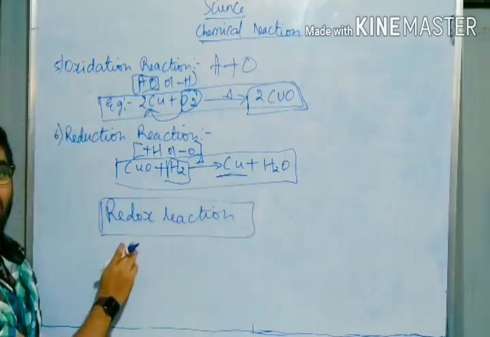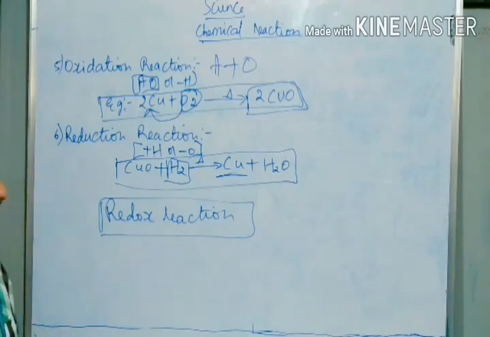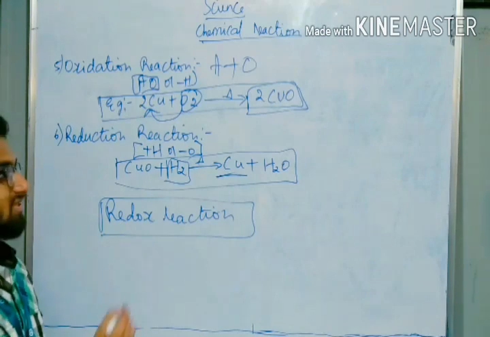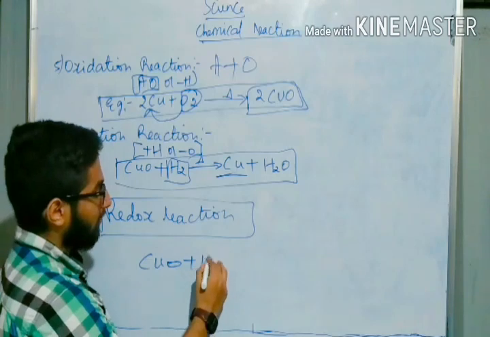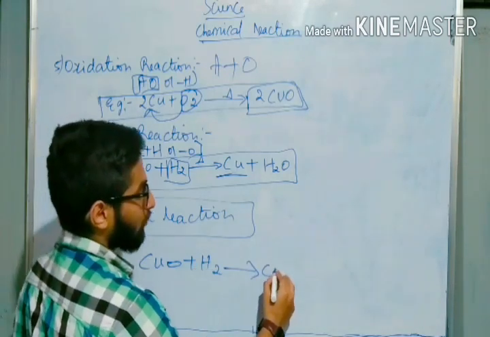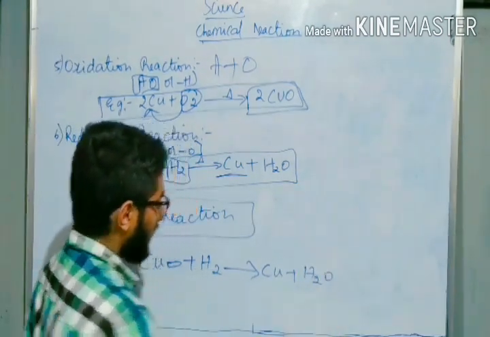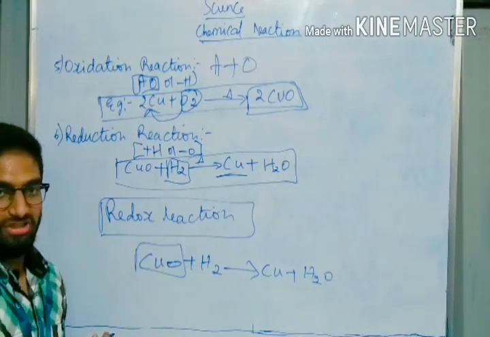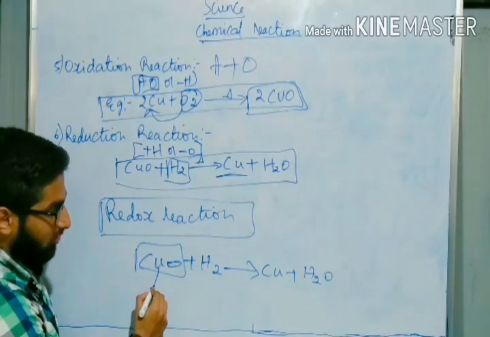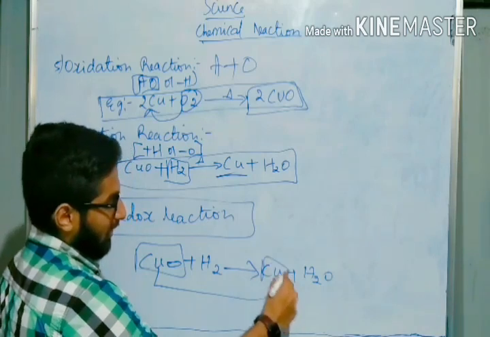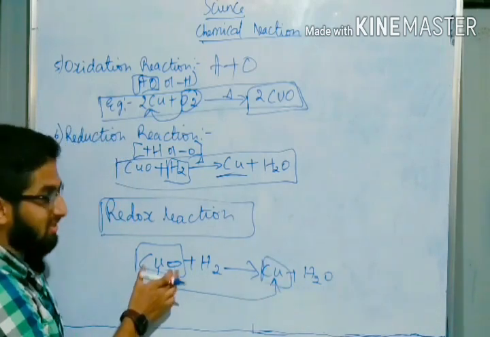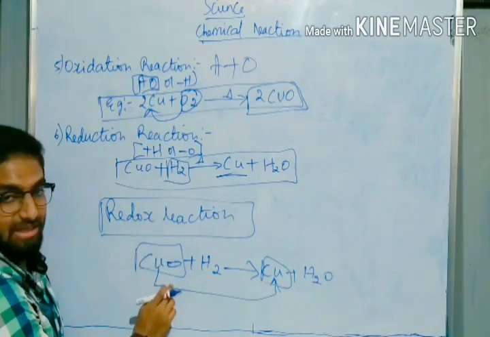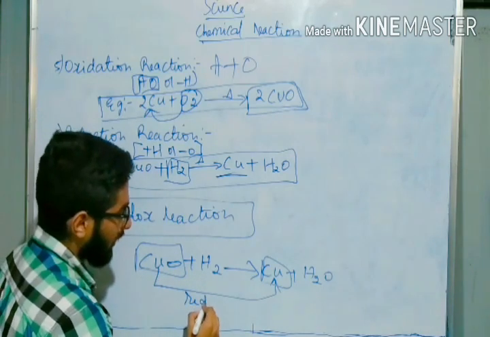There is something called redox reaction. Now what is that? We'll take the same example for understanding. Redox reaction means, see, this copper oxide plus hydrogen will give you copper plus water, correct? You see in this copper oxide, oxygen is getting eliminated. So this process is your reduction.